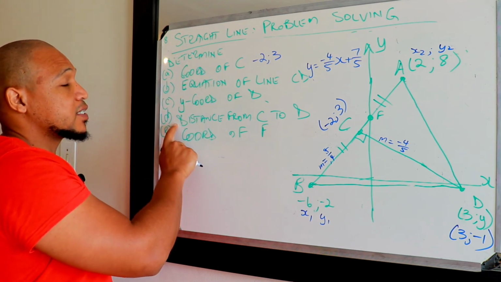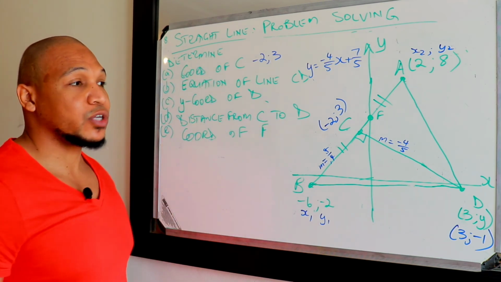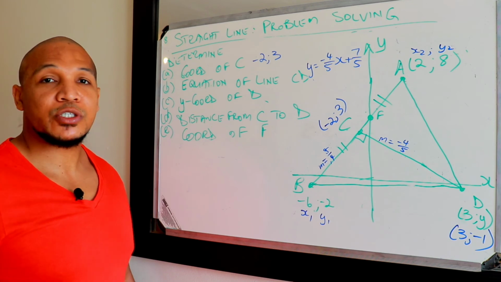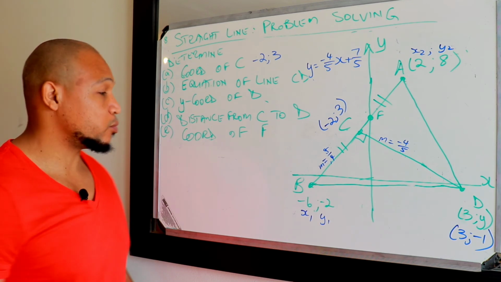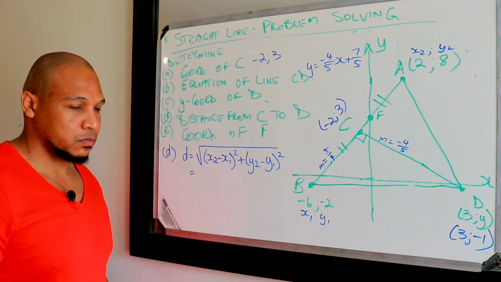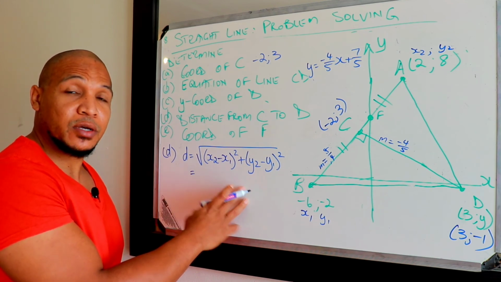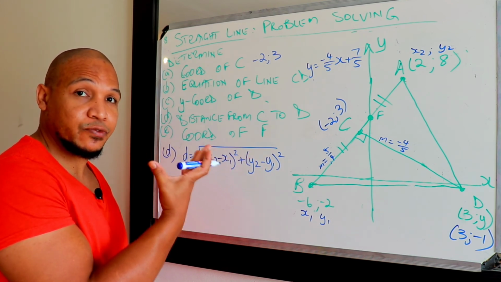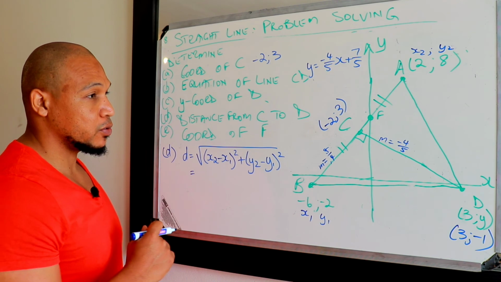Next question. Determine the distance from C to D. And now we simply use our distance formula. We write down the distance formula, and this is on our formula sheet, and now we substitute.